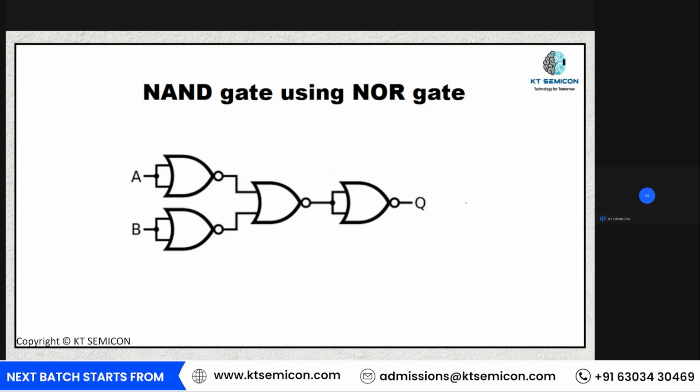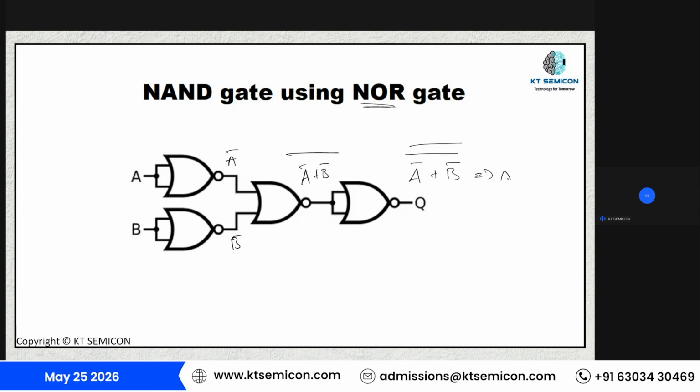Now, let's say if I want to implement a NAND gate using NOR gates. Now, how to implement this? I'm going to take these connections like this: A bar, B bar, and this is nothing but A bar plus B bar, the whole bar. Now, I'm going to give it to one more NOR gate so that my expression becomes A bar plus B bar, the whole bar, the whole bar. The complement will get cancelled because of the double bar, right?